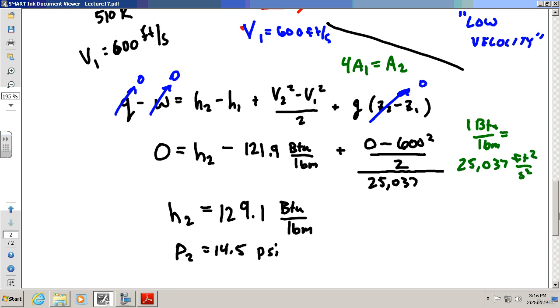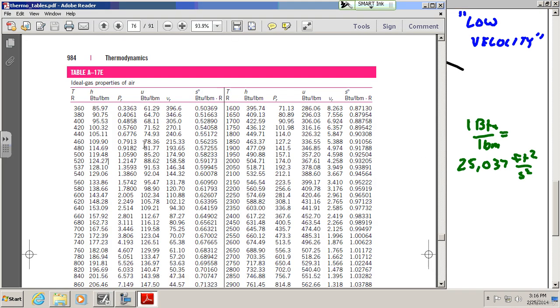If I just go to my tables, for air, remember this is air, look at this. I have an H. If I have 540 Rankine, my H is 129.06. That's pretty darn close to 129.1, right? So I'm going to go with that. The tables tell me that if I have an H of 129.1, I've got a temperature of 540 Rankine.